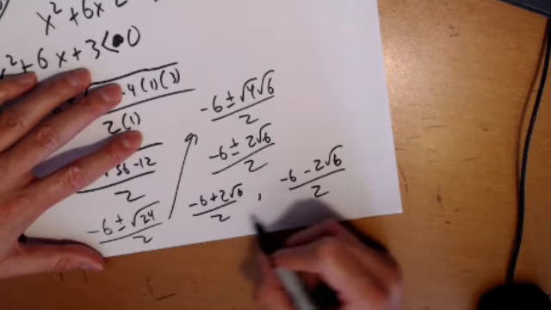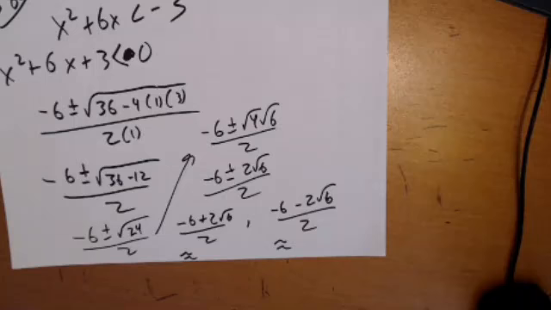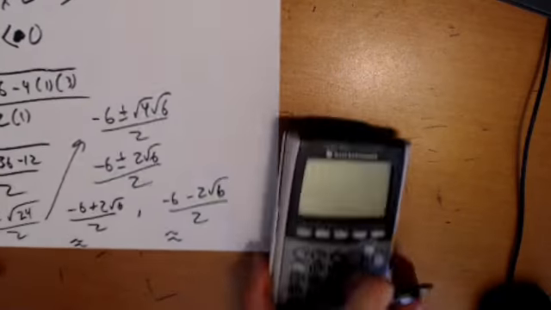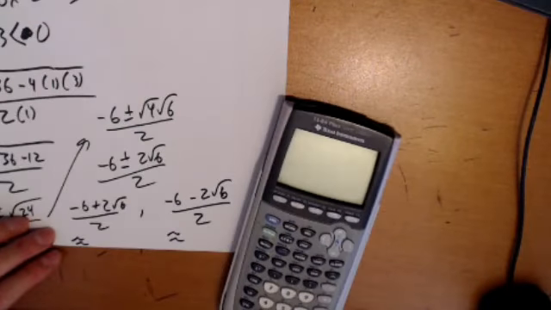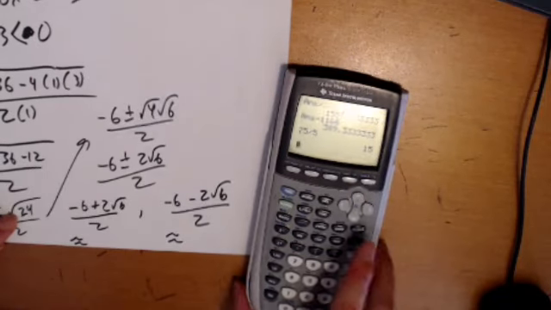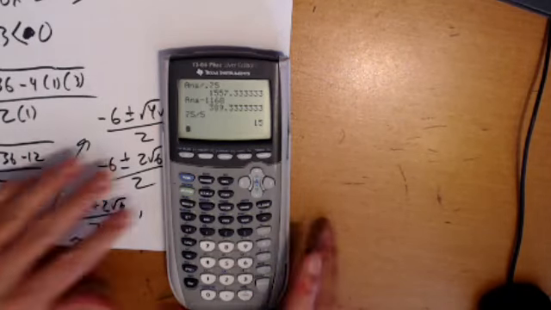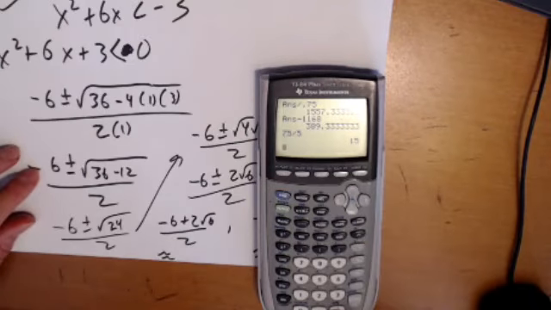which is approximately. Okay, now I'm going to have to use my calculator. Be careful on your calculator. There's a subtract button and then there's a minus button. There's a negative button and there's a subtract.